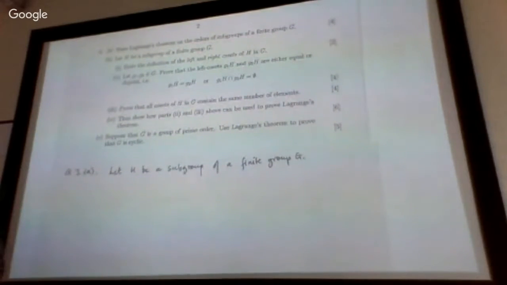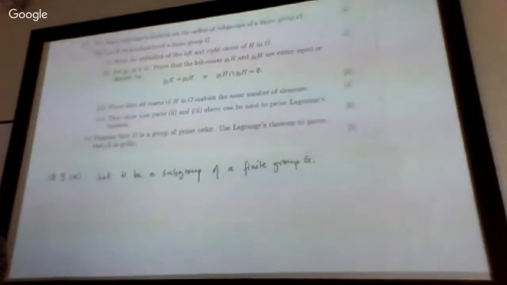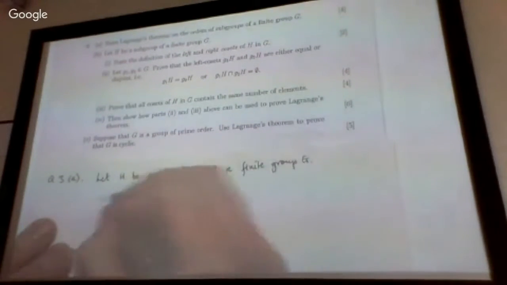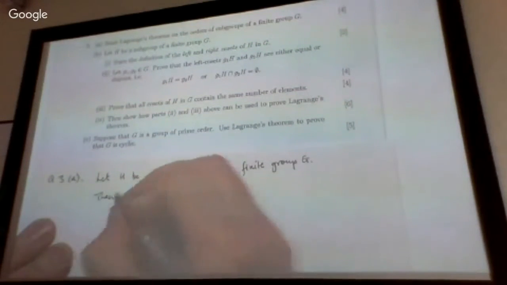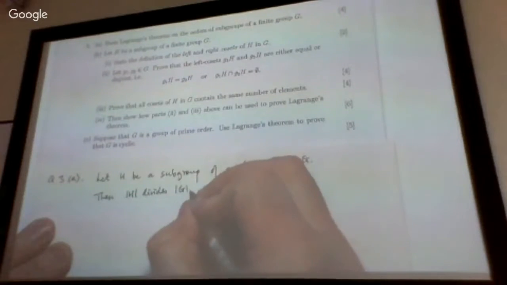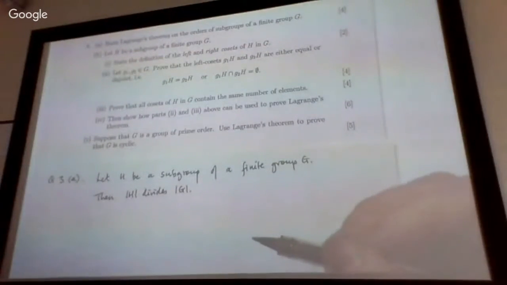That's what Lagrange's theorem tells us. The order of the subgroup is a factor of, or divides, the order of the group. The order of H divides the order of G. We're assuming G is finite, so these are just finite integers.